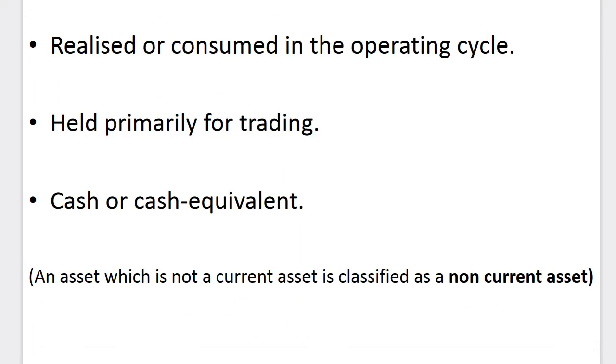So the concept of current assets enters into the fray. So current assets are realized or consumed in the operating cycle. Current assets are also considered to be held primarily for trading, okay, or cash or cash equivalent. So really, again, this all boils down to the type of accounting policy that you have and the way you understand current assets, especially if you're from the services sector.